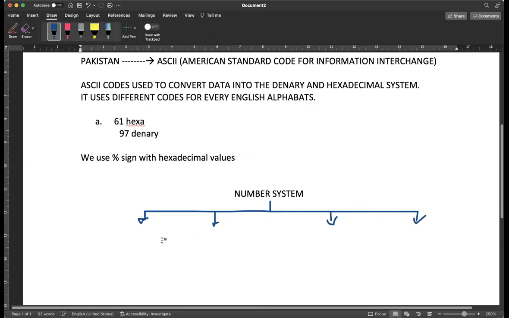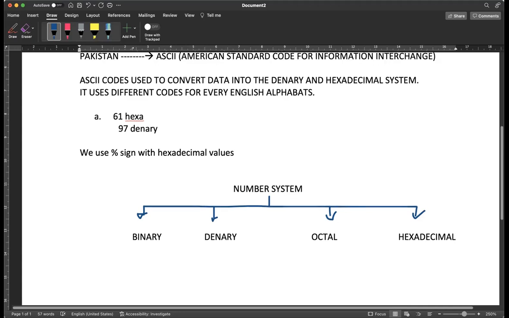The first type is called the binary number system. The second type is called the denary system. The third type is called the octal system. And the fourth type is called the hexadecimal system.